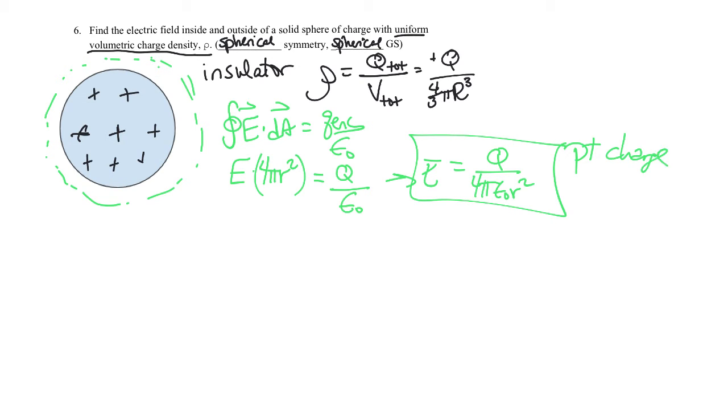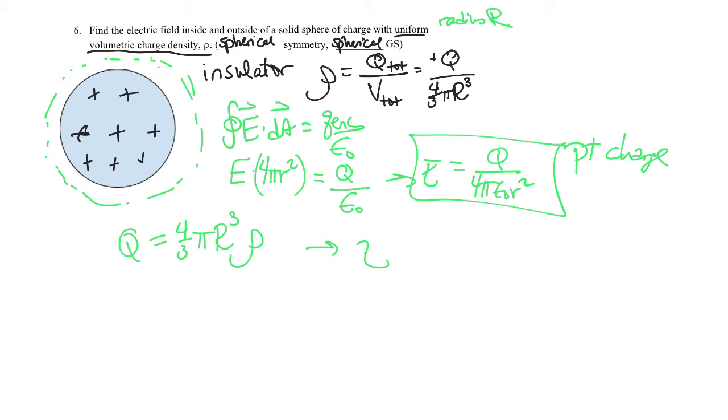Now, let's be careful. It says it has a uniform volumetric charge density, rho. Probably to be more specific, it would also have to tell you that the radius is R. So to be good, let's write Q as 4/3 pi R cubed rho.